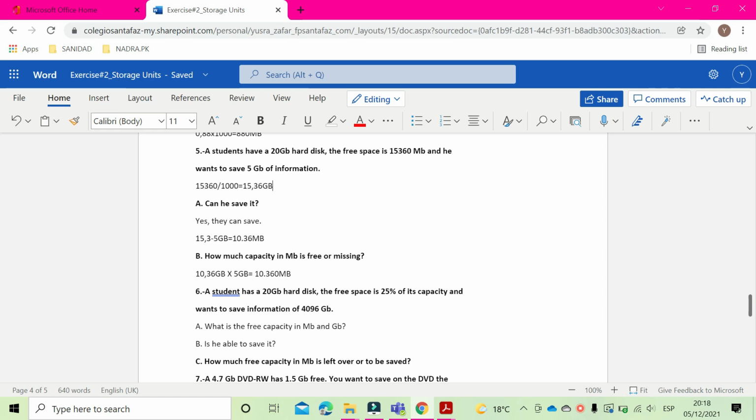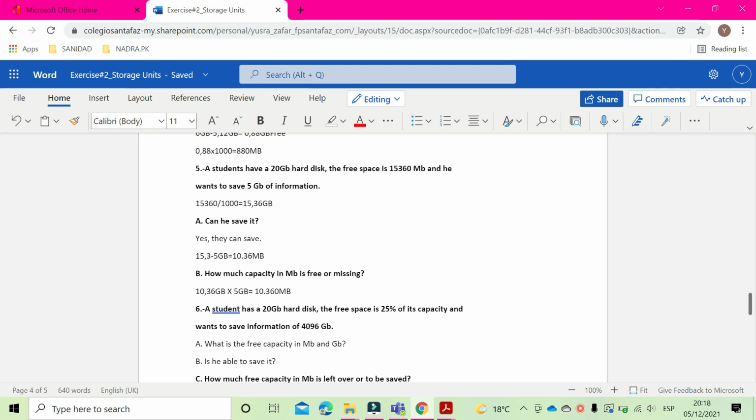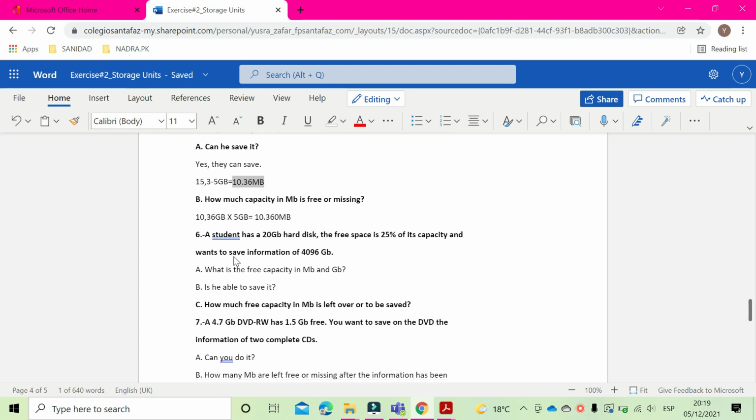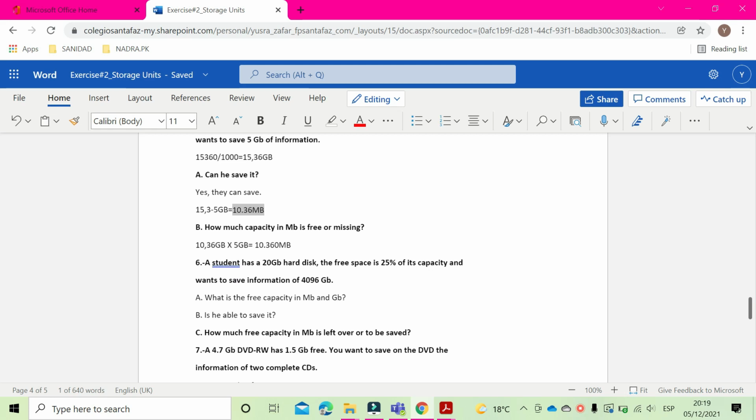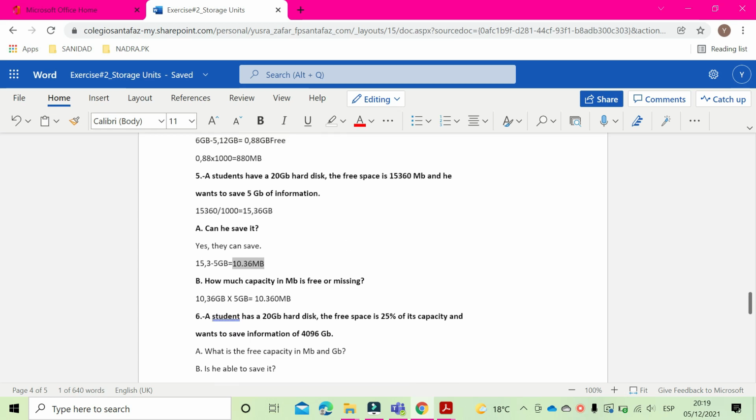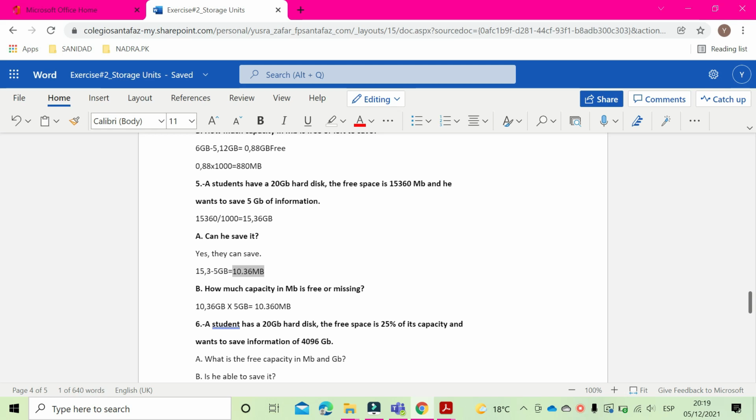Yes, they can save, because 15.36 GB minus 5 GB is equal to 10.36 GB. This is the capacity that remains after saving. How much capacity in MB is free or missing?